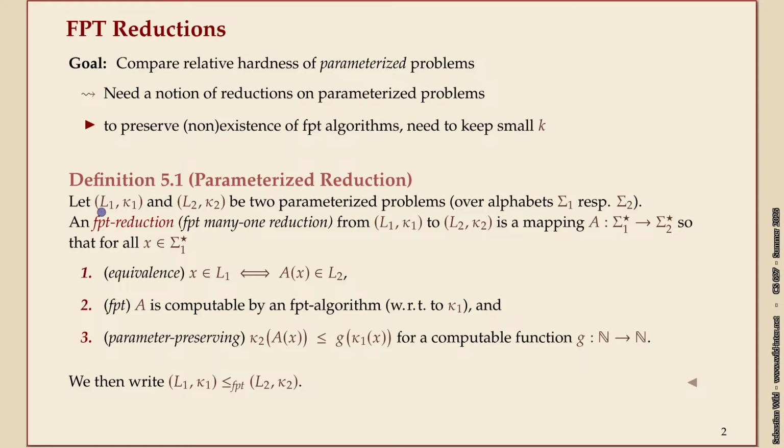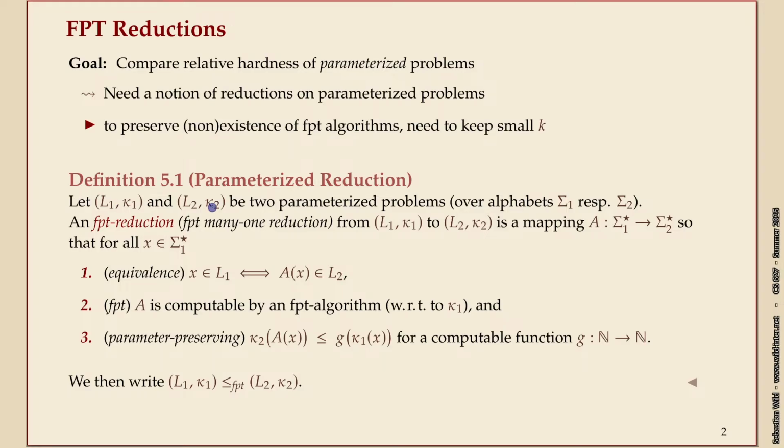You have two parameterized problems. L1, remember this is a language, it's a decision problem, and kappa is a parameterization, a function taking an instance from the strings this talks about, so from sigma 1 star here, and it gives you an integer, the parameter of this input.